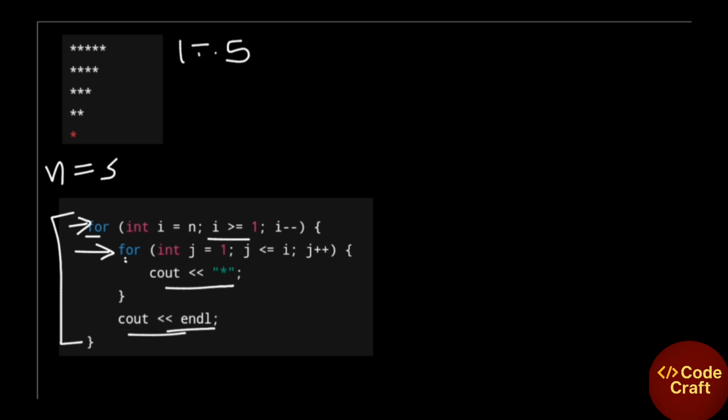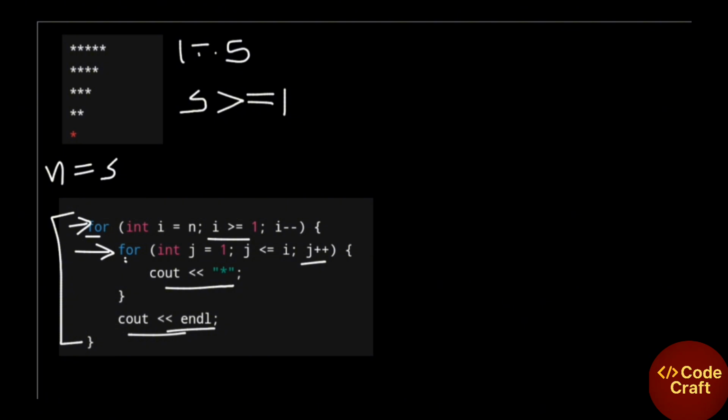Here n is input by the user, and suppose the user enters 5. Then i is equal to 5. The condition i greater than or equal to 1, that is 5 greater than or equal to 1, is true.